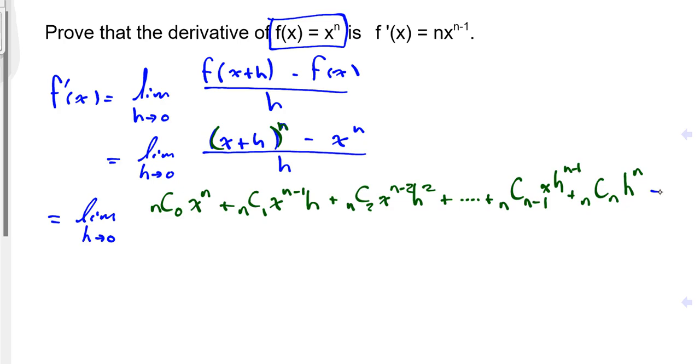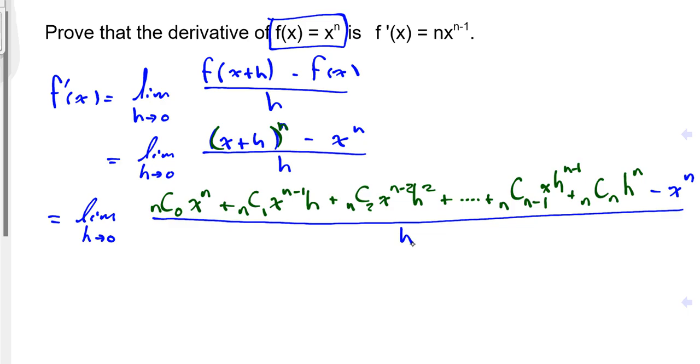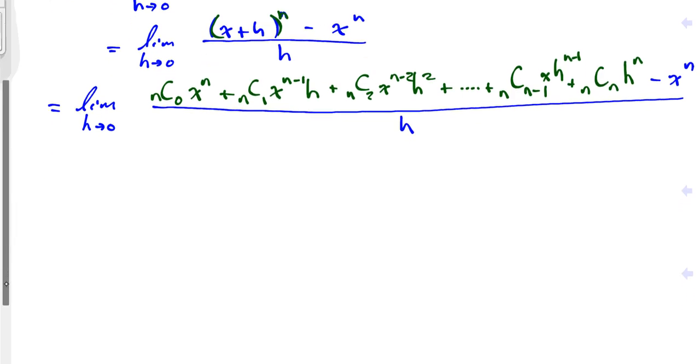And then still in my numerator, I have a minus x to the n. And then all of this is over top of h. So far, so good? Okay. What is 5 choose 0? 1.